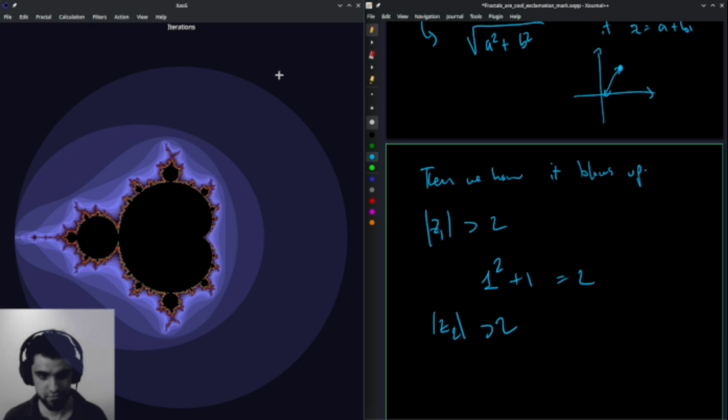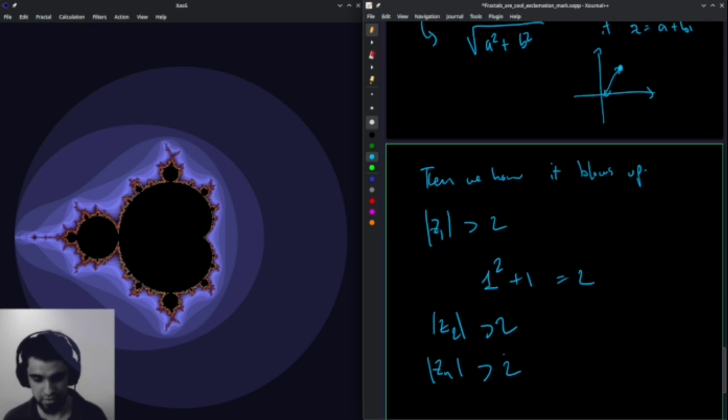And so the Mandelbrot set itself is everything that is in black, so everything that is not removed. Every color layer is telling us how many iterations it takes, so what Zn is the first such that it is bigger than 2.